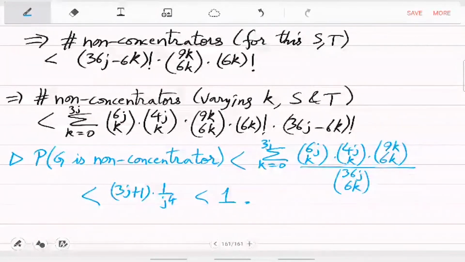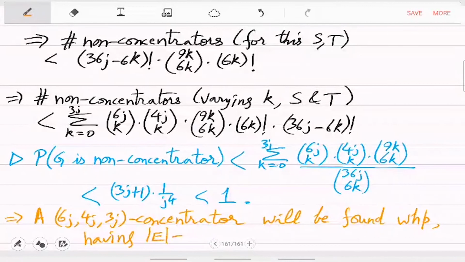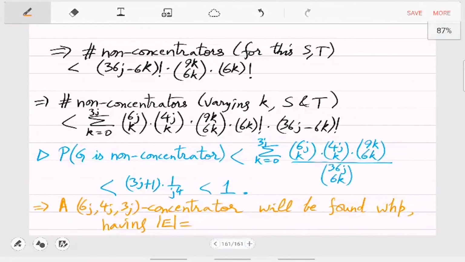Okay, so the probability of hitting a non-concentrator in this process is actually not 1, which means that there is a concentrator. So this means that a 6j, 4j, 3j concentrator will be found with high probability and it will have edges, as we used only 36j.